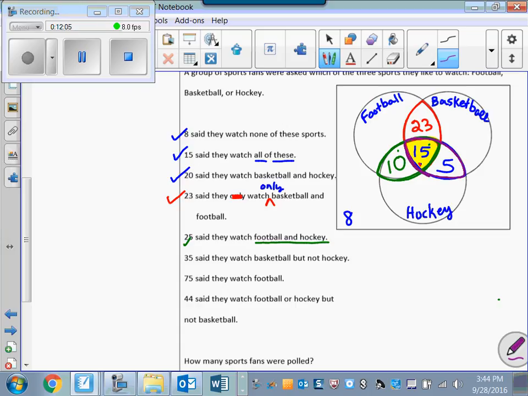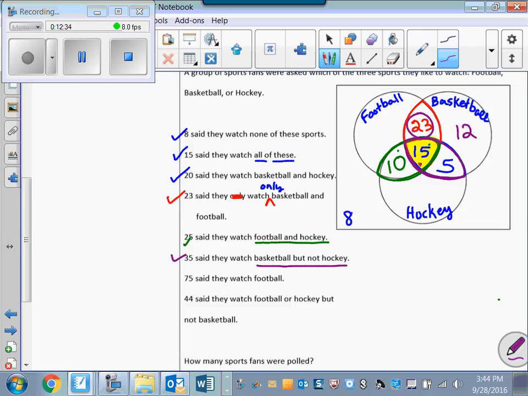But I got 35 people who watch basketball but not hockey. So I already got 23 of those represented here. So 35 minus 23 gives me 12. 12 who watch basketball and not hockey. Because remember, it doesn't say that they don't watch football, so they could be watching football too, just not hockey. All right? So now I'm really getting somewhere.